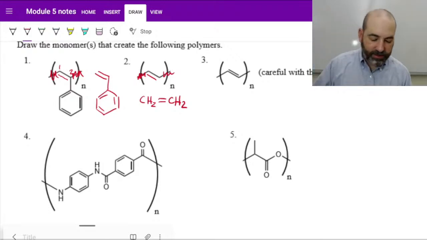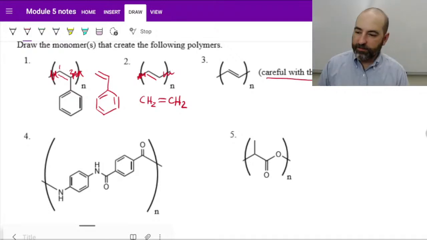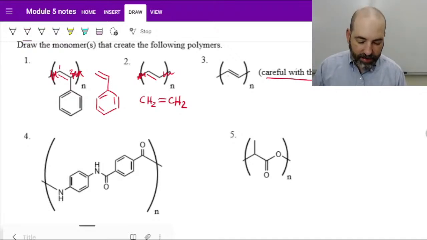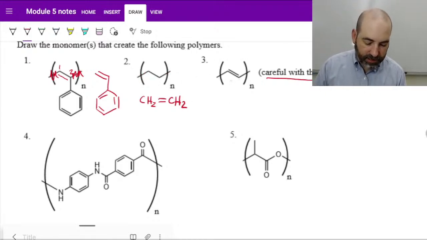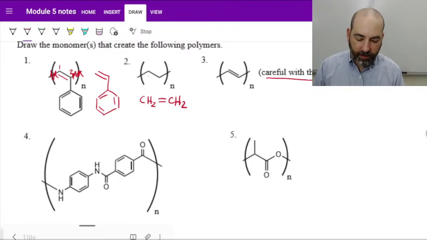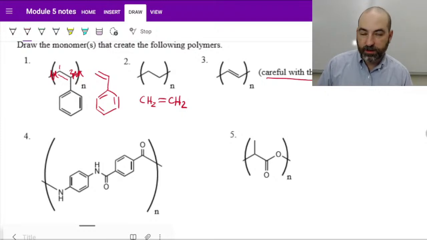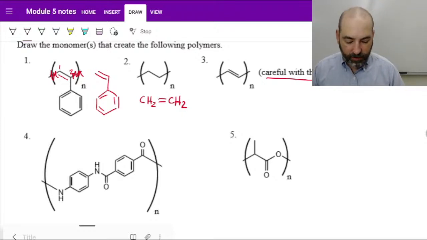Okay, then the third one says careful with this one. So what's careful about it? Well, it already has the double bond there, so this is not the same as number 2. Those are different polymers, because number 2 is all singly bonded carbon, and number 3 is alternating single and double bonds of carbon. So those are different molecules, and they must come from a different monomer. They can't both be this one.